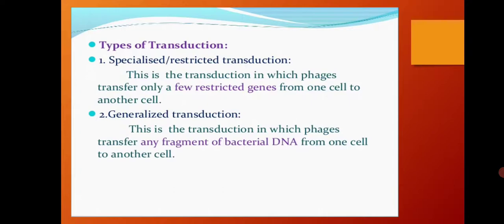Bacteriophages are viruses that infect bacteria. We discussed that there are two types of bacteriophage: temperate and virulent. Virulent phages follow the lytic cycle. They infect the bacterial cell and rupture and destroy it. Temperate phages do not disrupt the bacterial cell.